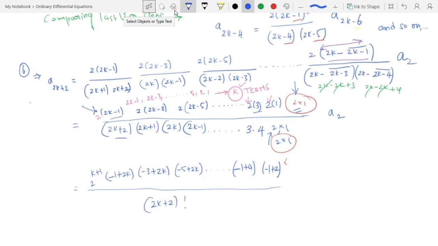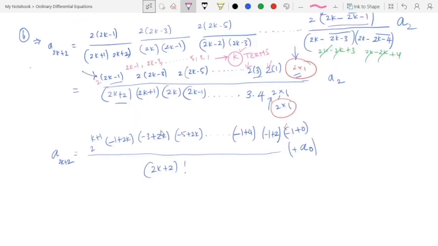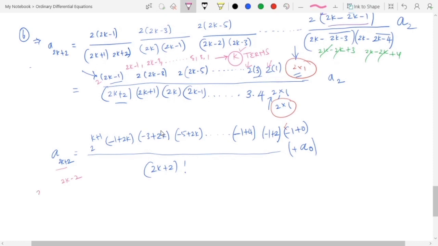Instead of a2, I am writing minus a0, or plus a0 into minus 1, that means minus 1 plus 0. Or if we replace 2k by 2k minus 2, that is, 2k by 2k minus 2, or k by k minus 1, both are the same.